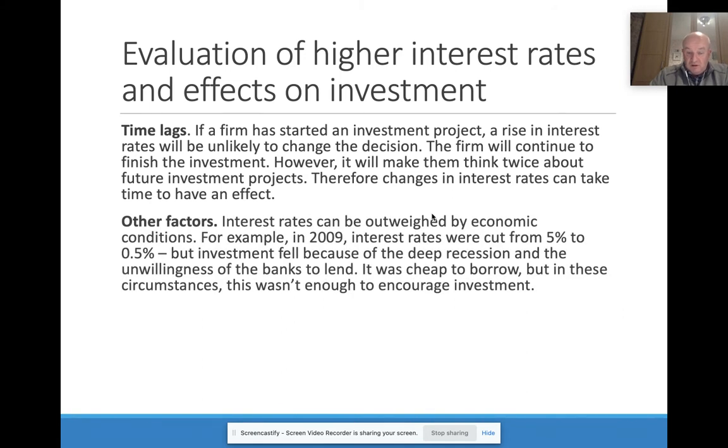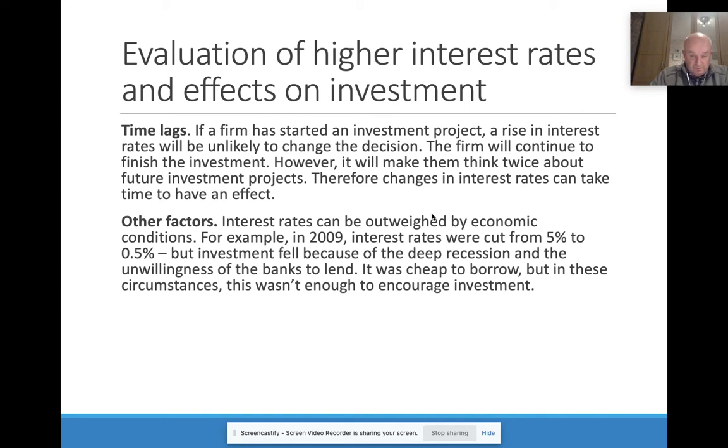There are also going to be other factors. We mentioned that in 2008, 2009, interest rates were cut from 5% to 0.5%. But because of the significantly deep recession, banks got a bit more twitchy about who they were going to lend to, so they were less willing to lend money.